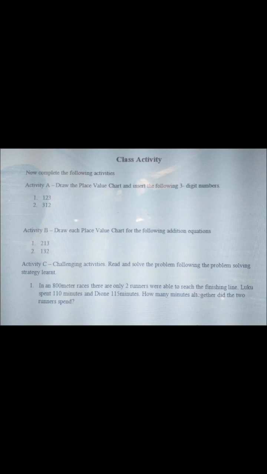Lucas spent 110 minutes and Dione spent 115 minutes. Now, how many minutes altogether did the 2 runners spend? Right, so use the strategy we have learned today and answer question number 1. This is a challenging activity. We wish you to do this as best as you can.